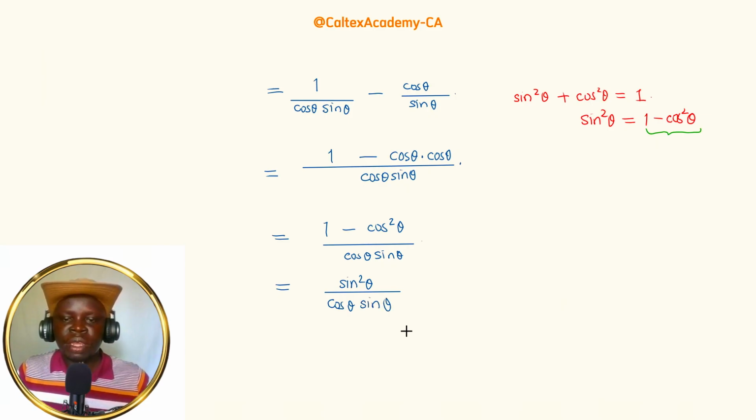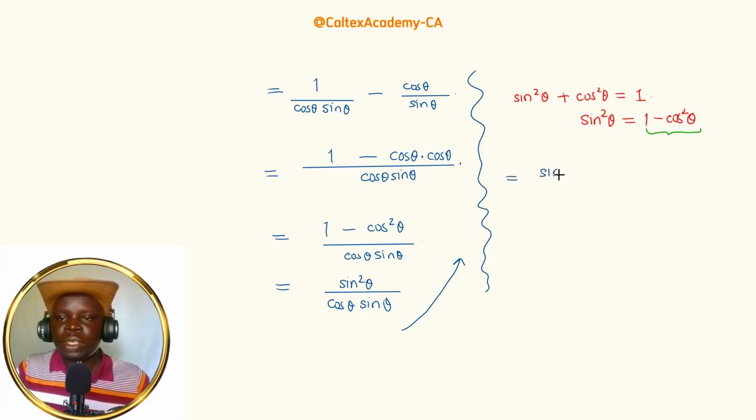And maybe let me create more space. We can move that side and say this is equivalent to. I want to repeat this sine square theta, splitting it into 2 so that you see clearly where crossing comes from. So sine theta times sine theta, and dividing by our common denominator, that is cos theta sine theta.